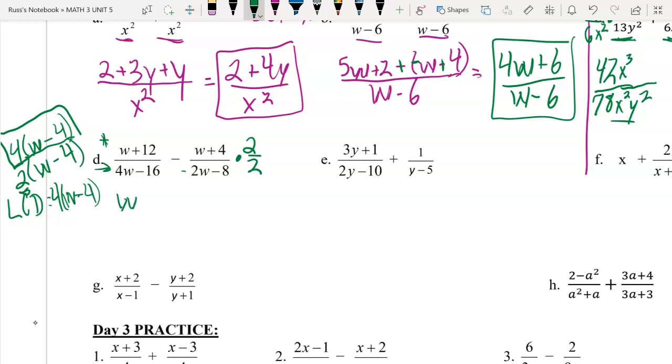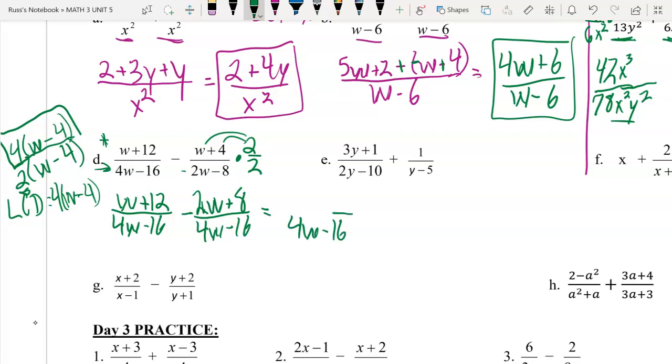So I get w plus 12 over 4w minus 16 minus, I've got to distribute this too, 2w plus 8 over 4w minus 16. So there we go. I have the same denominator, so I can write the whole thing over 4w minus 16.